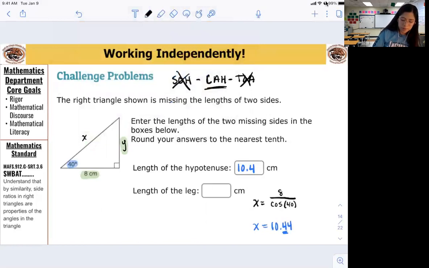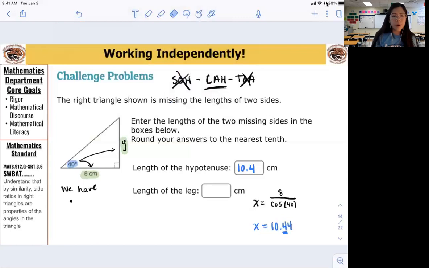So in terms of the number 40, what two sides do I have? 8 centimeters and 10.4 centimeters. Okay, so we have 10.4, but we're kind of ignoring it for now because we can use it, but if you don't use it, we can still do it with the other two sides.